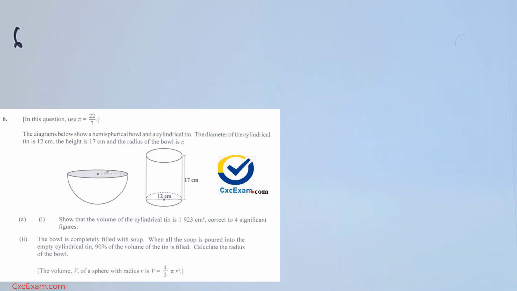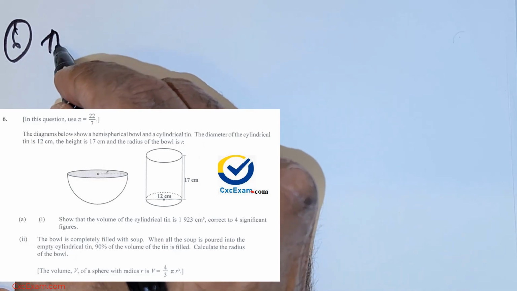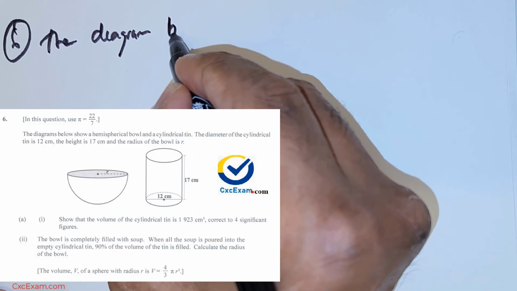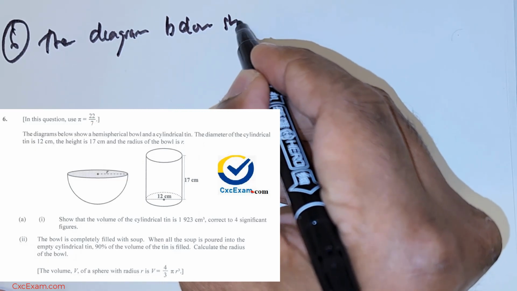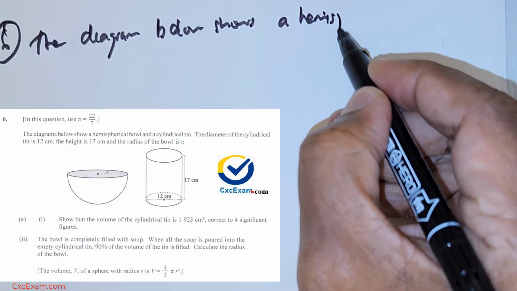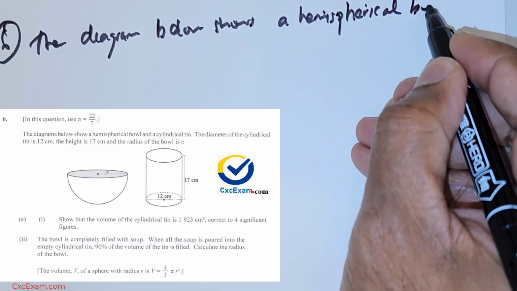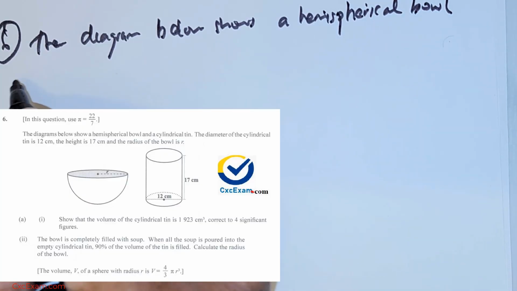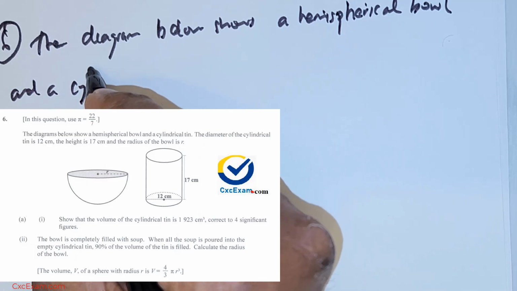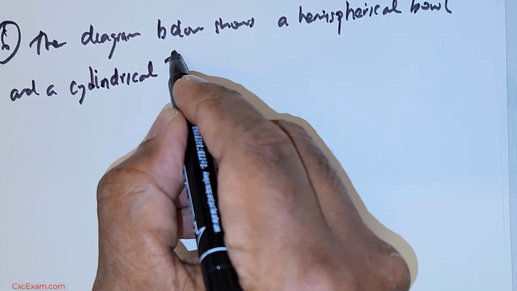Okay, so we are now at question number 6. Let me write the question. The diagram below shows a hemispherical bowl and a cylindrical tin.